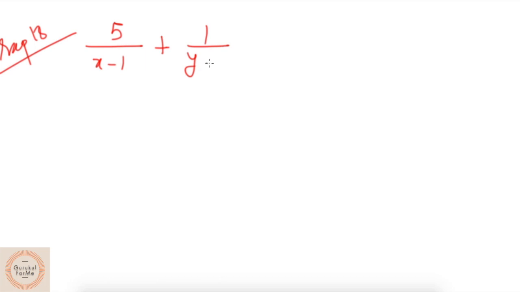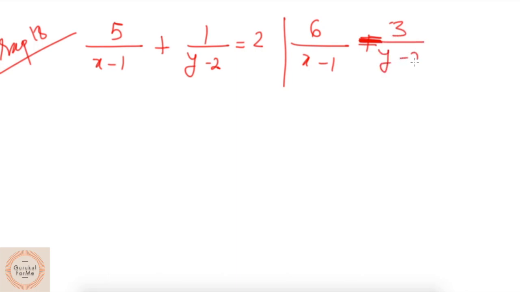Let's go to example number 18. Now what are they talking about? They give us an equation 5 divided by x minus 1 plus 1 divided by y minus 2 is equal to 2. And then there is another equation which says 6 divided by x minus 1 minus 3 divided by y minus 2 is equal to 1.